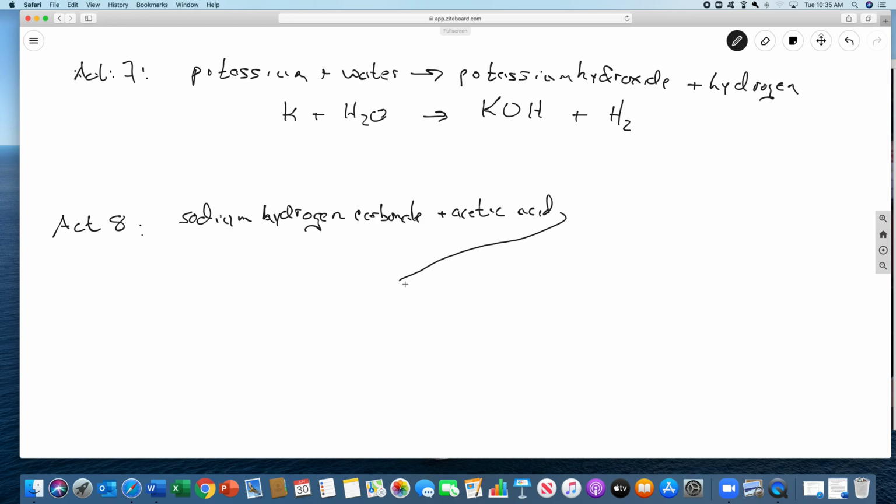Didn't leave myself enough room. So this is going to be sodium acetate plus water plus carbon dioxide.